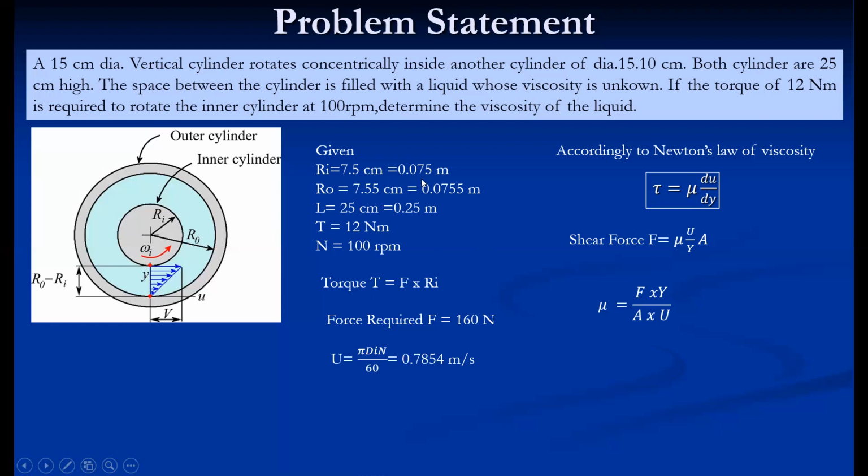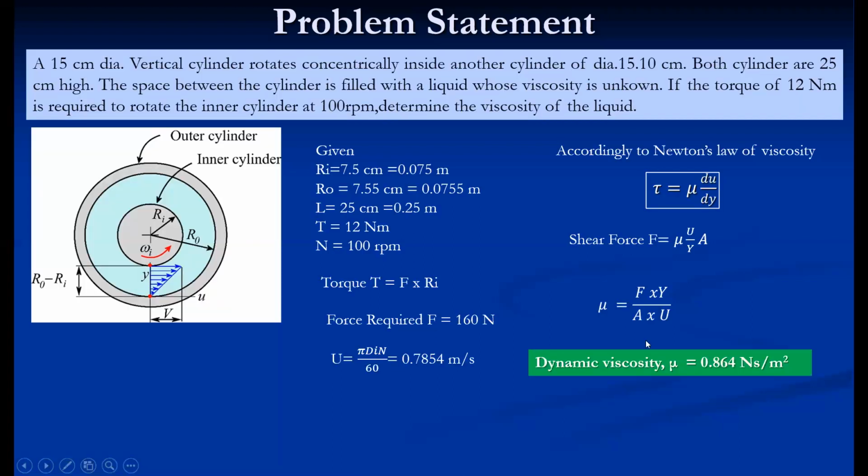So the difference between Ro and Ri is y. Area is pi D L. So the area of the surface, which is the rotating surface, we can calculate. And the velocity is this. So this is the dynamic viscosity.